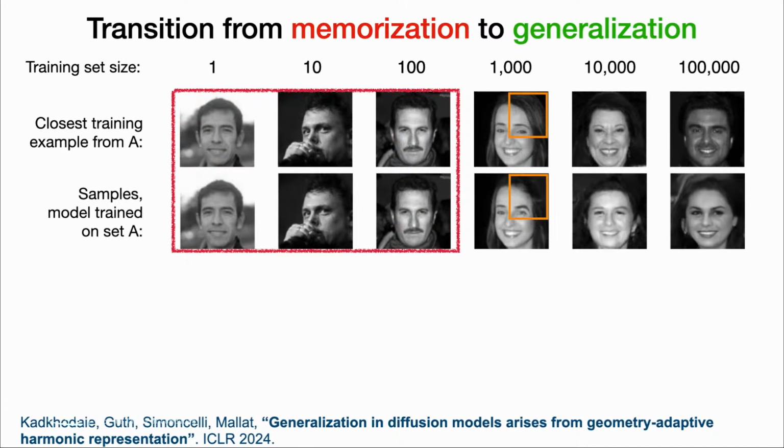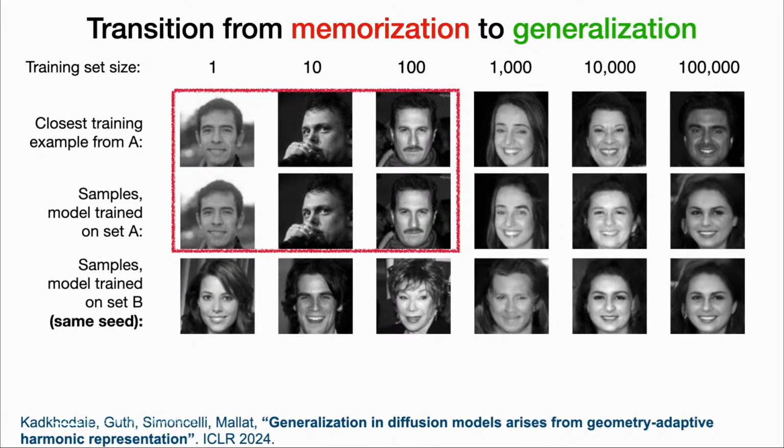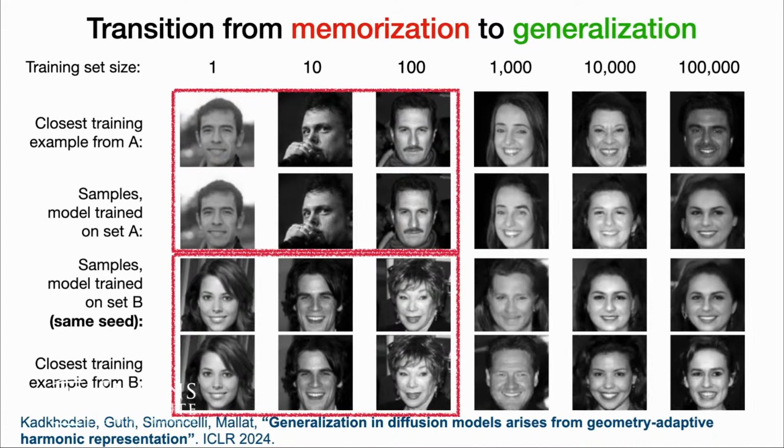Okay? So now we are going to repeat the same experiment, but with a new set of images. In the beginning of the experiment, I partitioned my data set into two disjoint sets of data. And now we repeat the same experiment on these new data points. The same thing happens when we go back to these new data sets and look at the closest images to the samples.